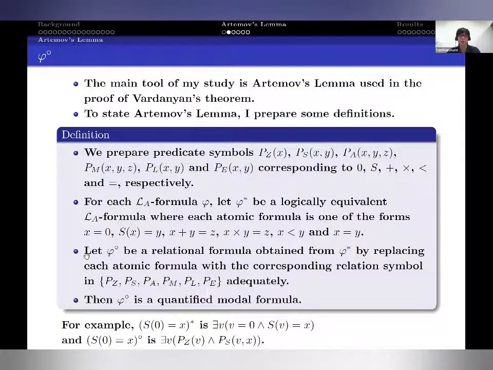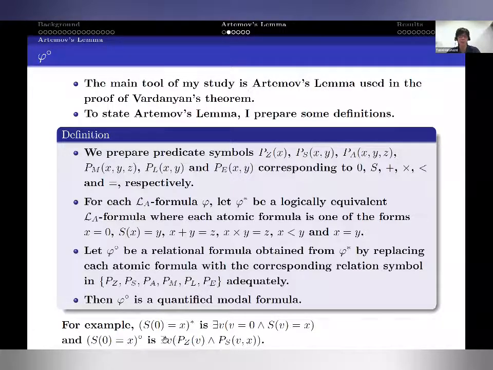And let phi circle be a relational formula obtained from phi star by replacing each atomic formula with the corresponding relation symbol in this set adequately. So, for example, S0 = x circle is: there exists v such that PZ of v and PS of v and x.